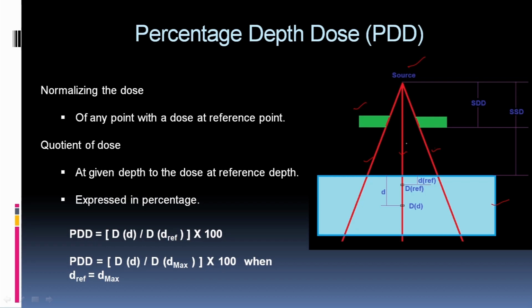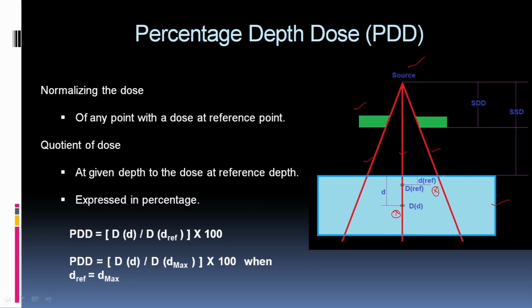This is the beam divergence, and this is the central axis. Percentage depth dose is normalizing the dose at any point, at any depth, to the dose at the reference depth. So we need to normalize the dose at any depth to the dose at a reference point.